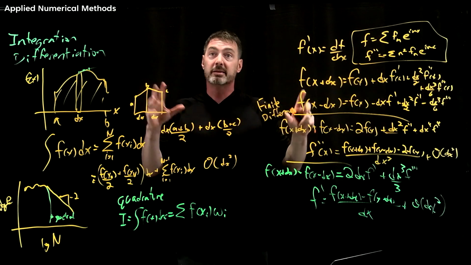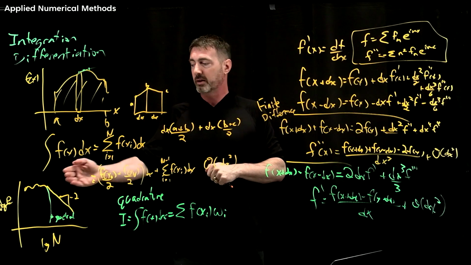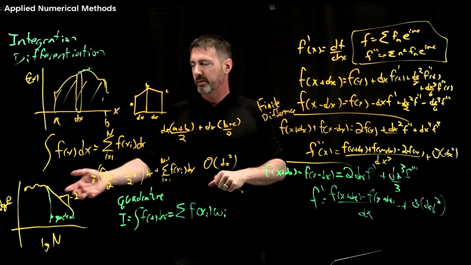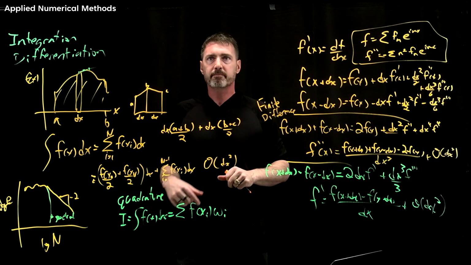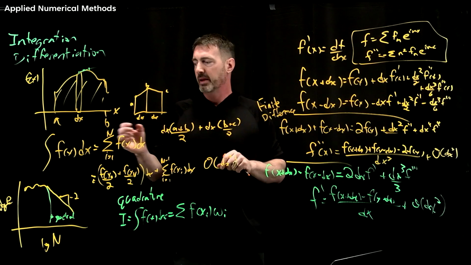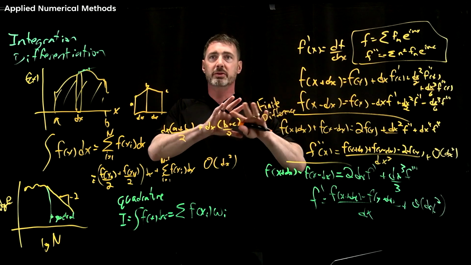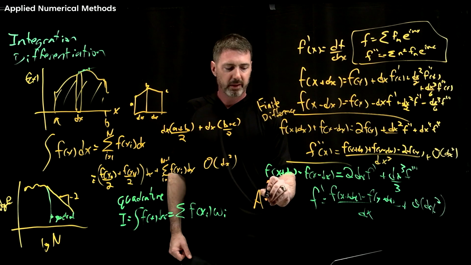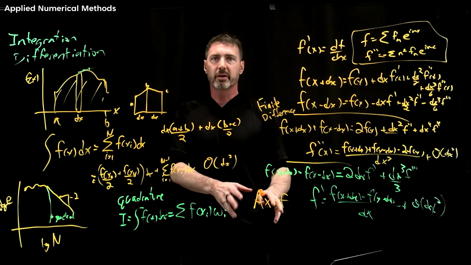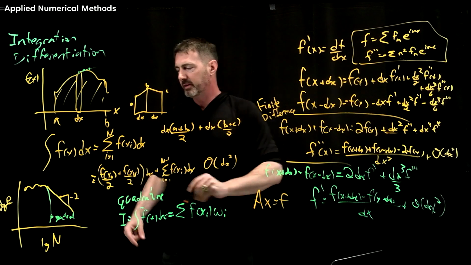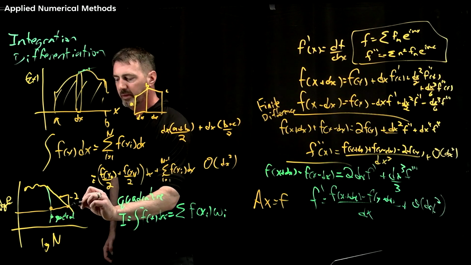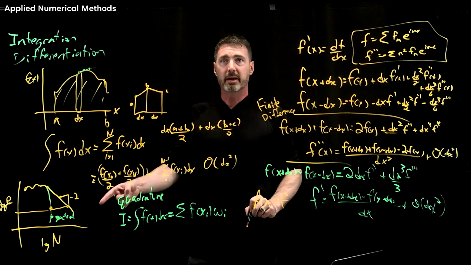So sometimes some analyses you're working on are actually very important to drive this error quickly away to zero. And one of the reasons for it, I've mentioned it a couple of times: if you're actually using this method to generate a matrix, to turn your problem into Ax equals f, where you're inverting this matrix, sometimes the difference between this and the second order method can be a factor of 10.